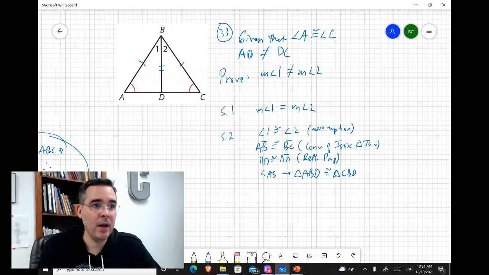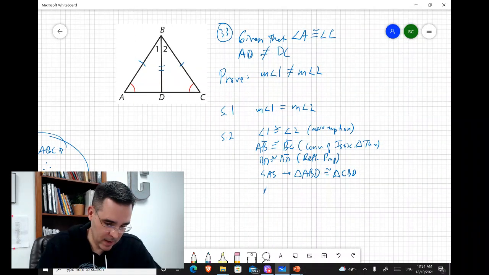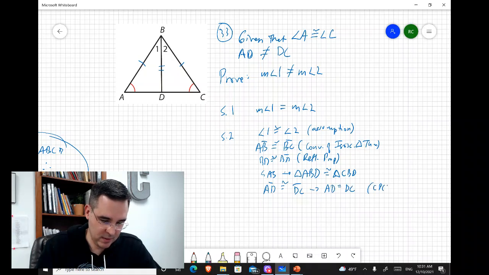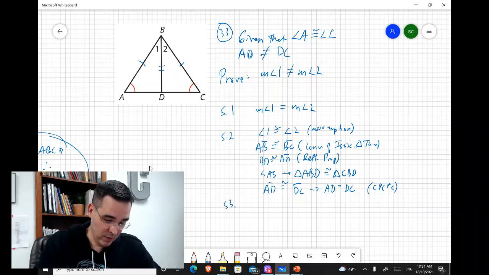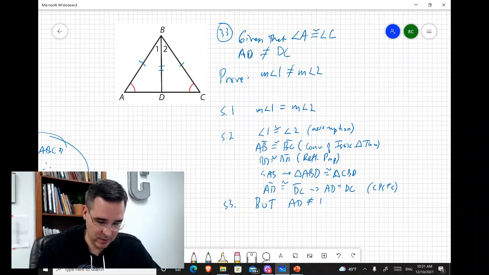If these two triangles are congruent, that means that segment AD is congruent to segment DC, which allows me also to say that AD is equal to DC because of CPCTC and the definition of congruent segments. Statement 3 says, but the given says that AD does not equal DC.